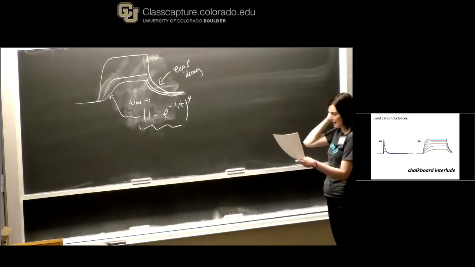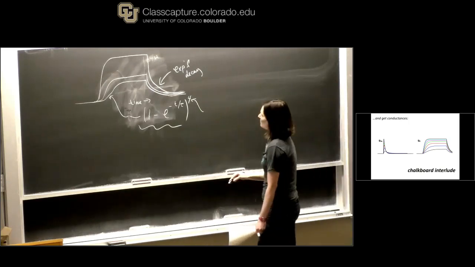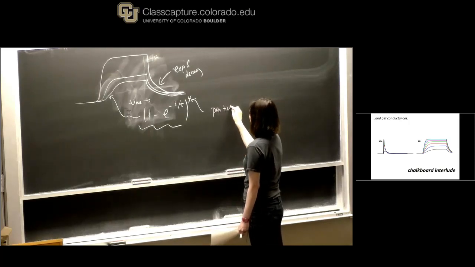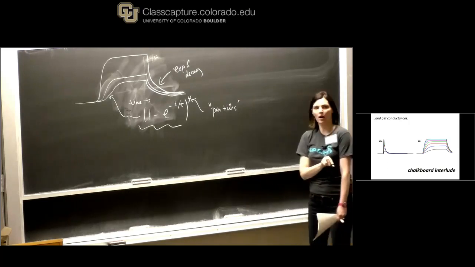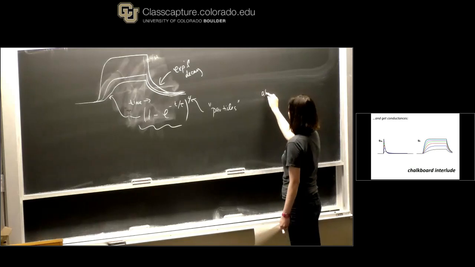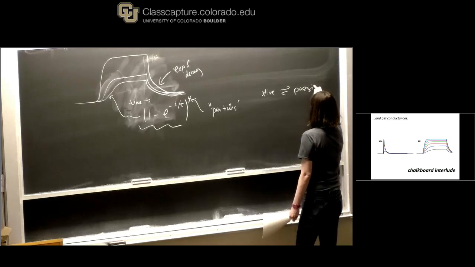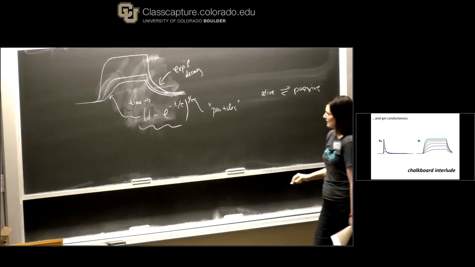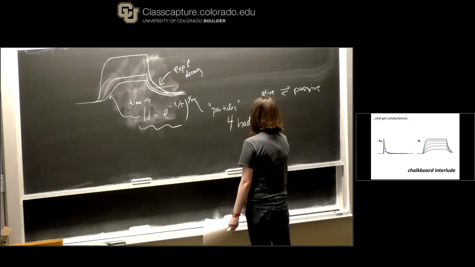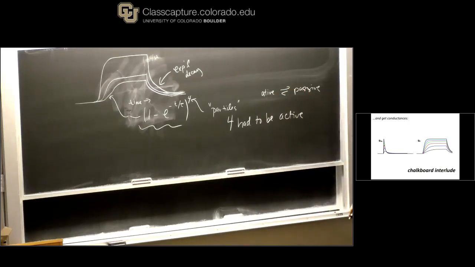So what did they hypothesize? They hypothesized that there were some species, so they called these particles, and they said that they could be in an active versus a passive state. And they said that there had to be 4 of them. 4 of them had to be active for that potassium channel to open.